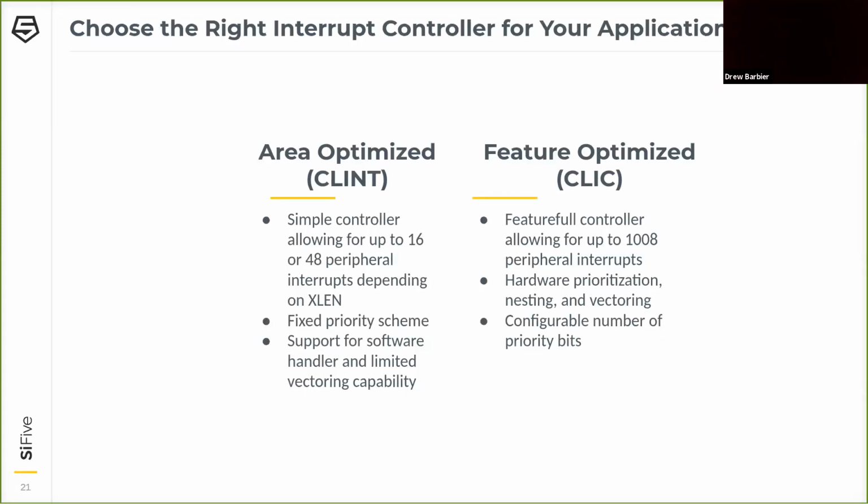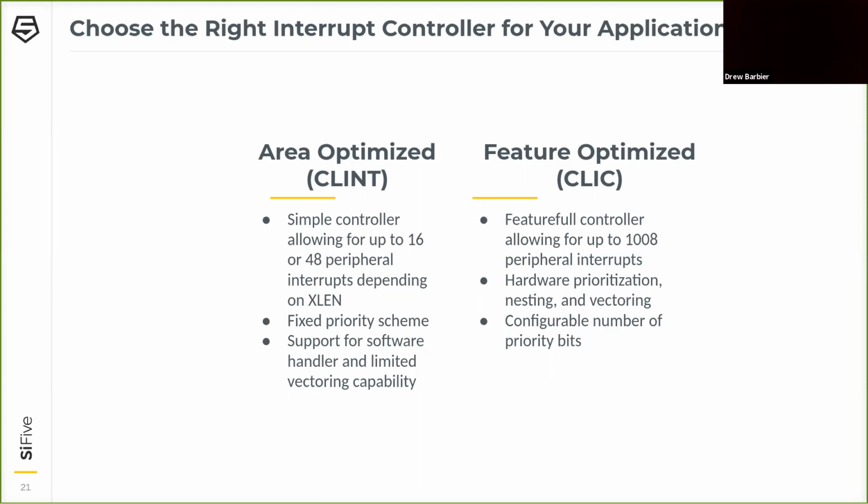Now, if you take a look at the interrupt controller, we have 2 controllers that you can choose from. First is an area optimized controller, the CLINT. This is a controller that allows for up to 16 or 48 peripheral interrupts, depending on whether you have the E2, which is 32-bit, or the S2, which is 64-bit.